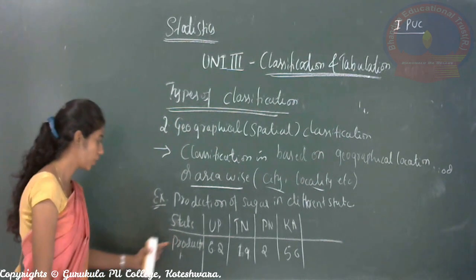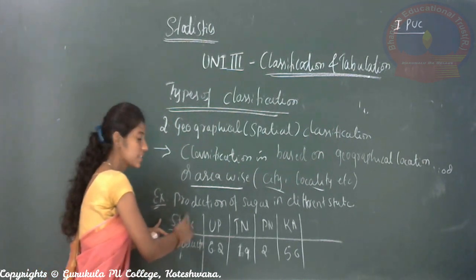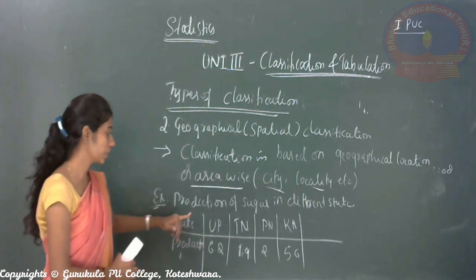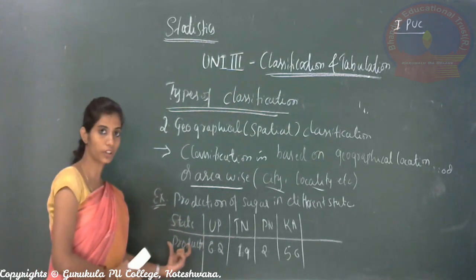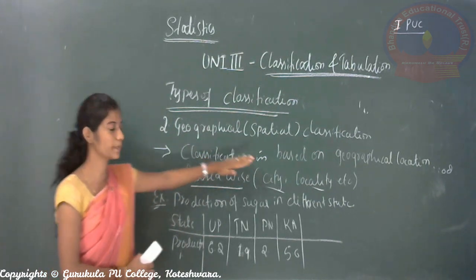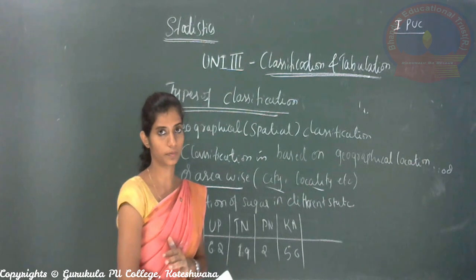So this is state-wise production mentioned here. This is an example for geographical or spatial classification.